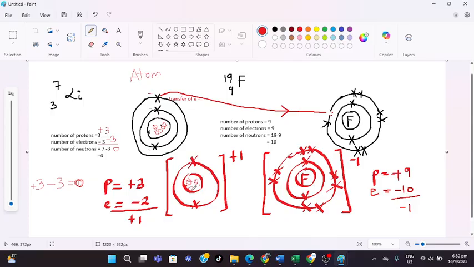Now it has only 2 negative: 1 negative, 2 negative. So mathematically, if I have positive 3 and only 2 negative, I'm going to end up with an overall positive 1. Does that make sense to you?